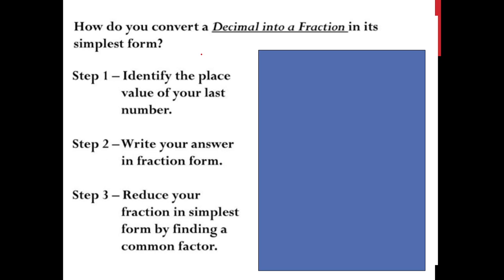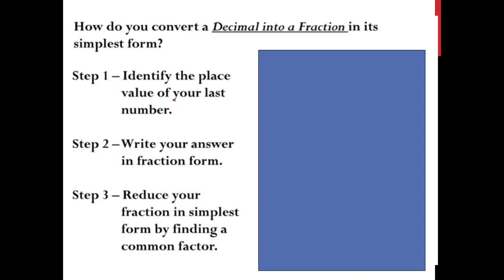Let's start. Now here, how do you convert a decimal into a fraction in its simplest form? Now we have 3 steps here in converting decimal to fraction. First, step 1, you need to identify the place value of your last number.